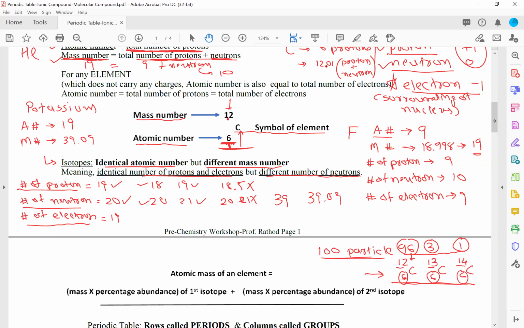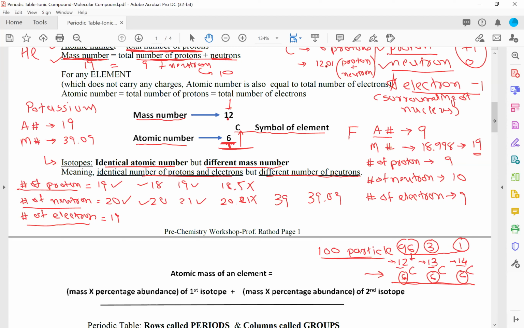So you can see in these 3 examples, all the atomic numbers are the same, 6, 6, 6, which we already know if you look at the periodic table for carbon. However, they have different mass numbers, 12, 13, and 14. So basically, carbon exists in 3 isotopic forms.